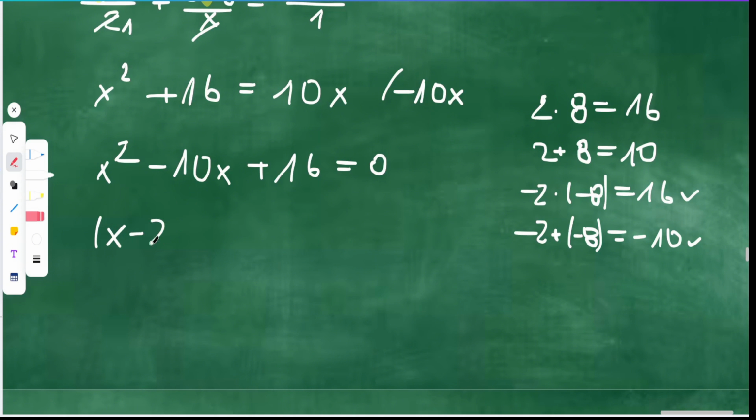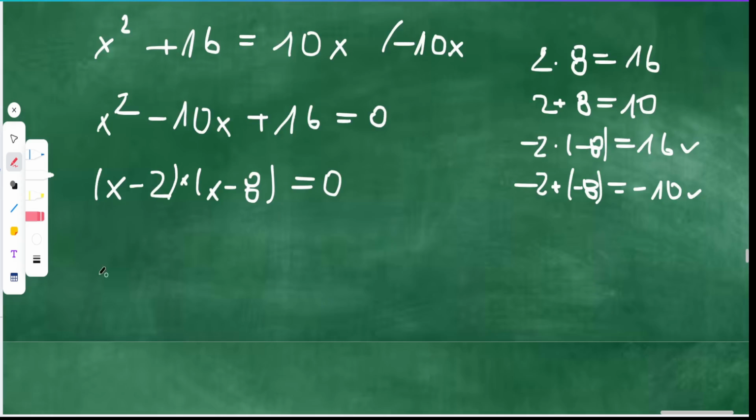x minus 2 multiplied by x minus 8 equals 0. Let's not forget about this 0. Now, if we have such a product notation of a quadratic function, then we have to remember that the zero places, that is, solutions of this equation, are written in a special way.